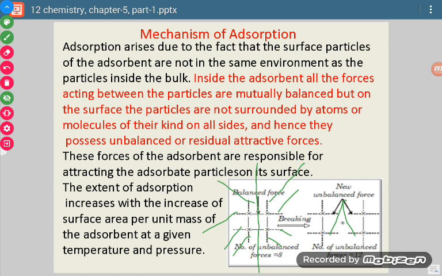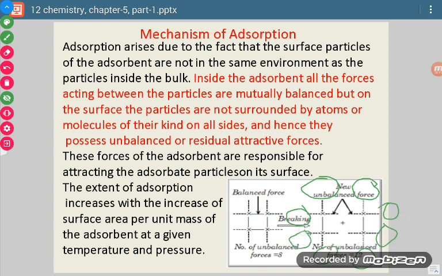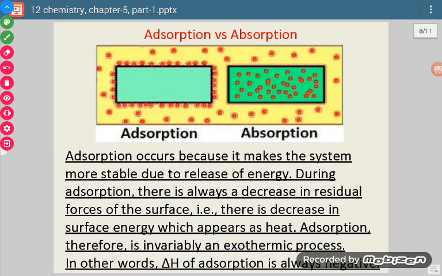So unbalanced forces will be 12 now in this case. So when a molecule comes near the surface, these unbalanced forces attract those molecules, and those molecules get attached to these surface molecules, and this phenomenon is known as adsorption. So this is the mechanism of adsorption.